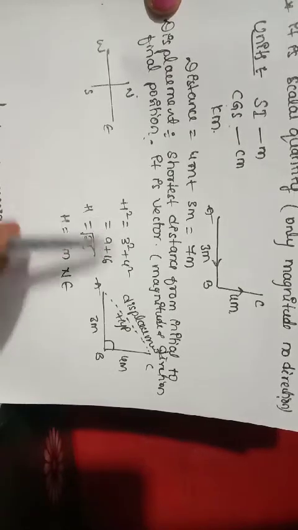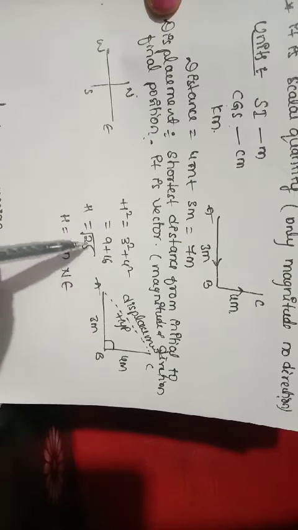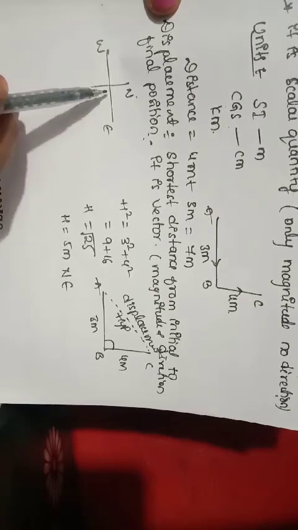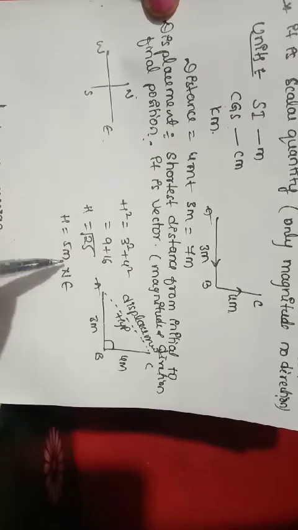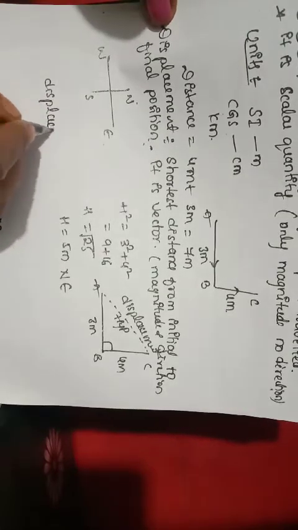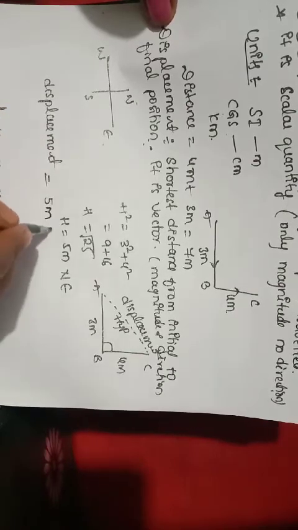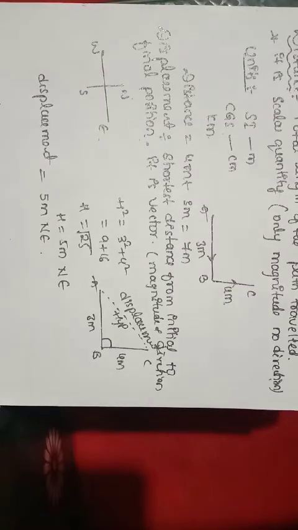Here we don't know the hypotenuse, the displacement: 3 square 9 plus 4 square 16, that is equal to 25, root of 25, 5 meters. We have to mention the direction also, northeast. So displacement is equal to 5 meters northeast. Clear? Like this we find the displacement.